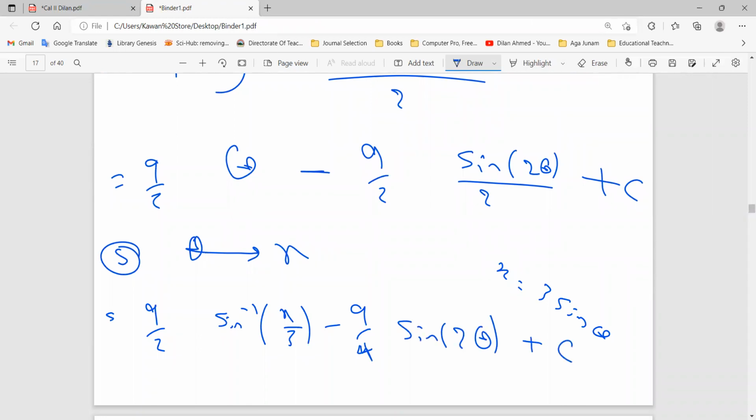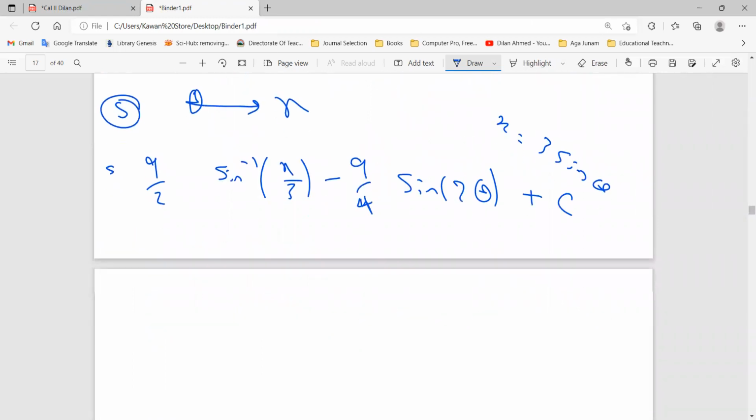Why didn't I change sine 2 theta directly right now? Because we have 2, so I cannot just multiply there by 2, right? That's wrong, because that one is an angle and that one is a number. So how do we change it?